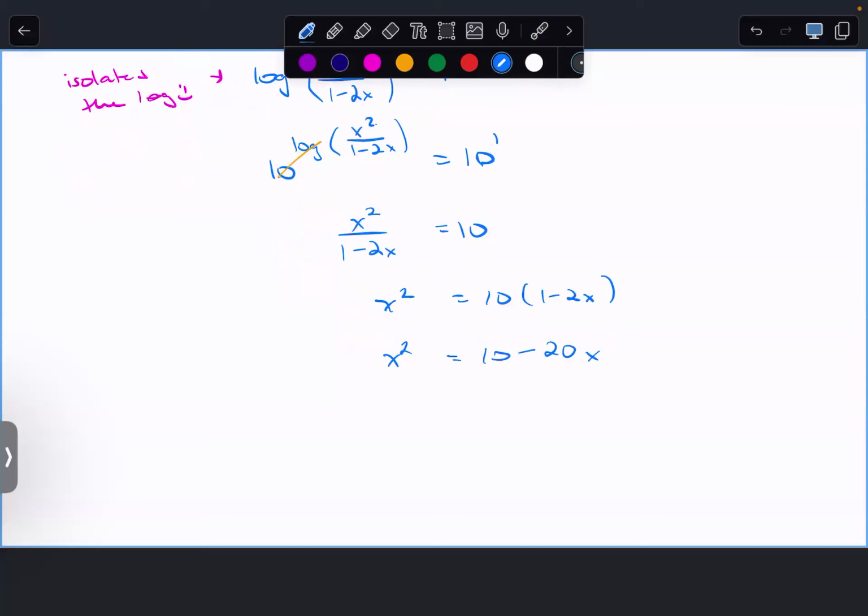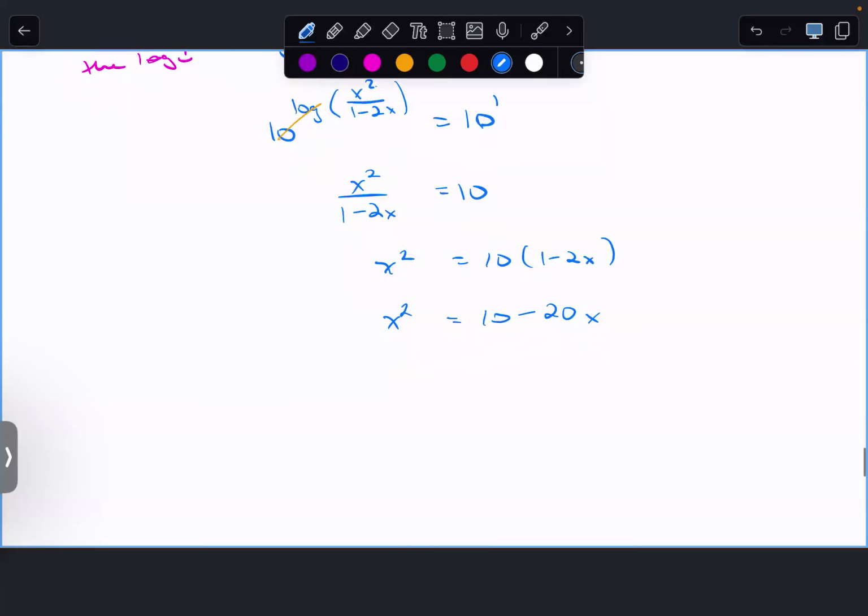Which I can then shuffle over to the left-hand side and set this equal to 0, right? Picking away at the minus 20x becomes, I add 20x to both sides, and then I subtract 10 from both sides, and then I'm left with 0 on the one side and a quadratic on the other.